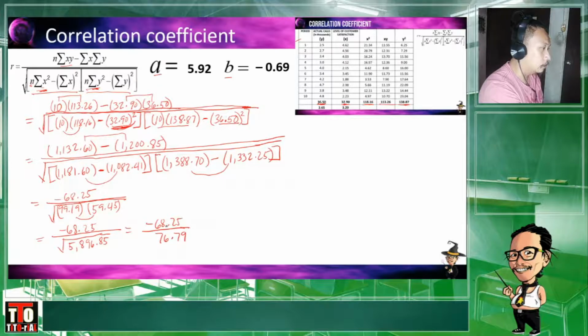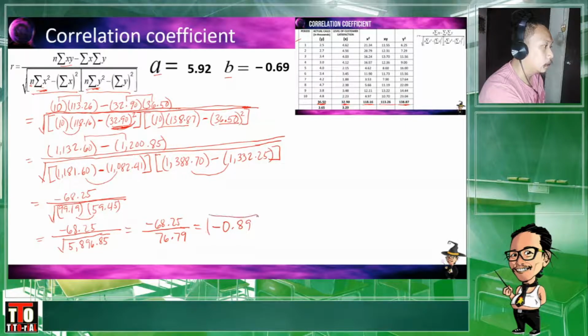Okay? So, the denominator is done. We've solved it step by step. So, now, the last part is to divide negative 68.25 by 76.79, which is negative 0.89.